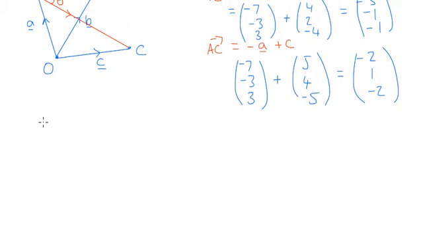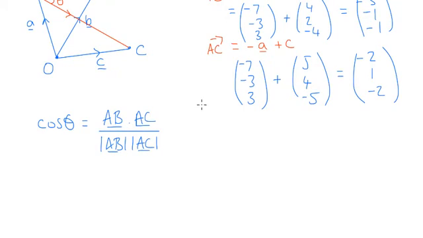Well, the cos of the angle between 2 vectors is the dot product, so AB dot AC, divided by their magnitudes. So we need to find the dot product and we need to find the 2 magnitudes.